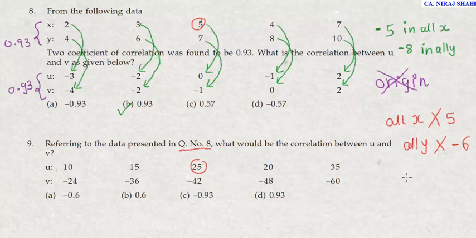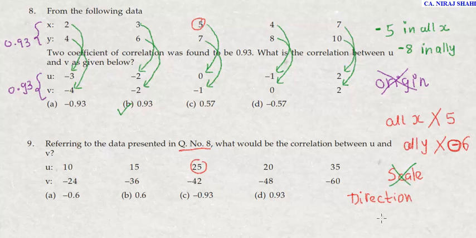What kind of change is this? This is a change in scale. We also know that the correlation is not dependent on change in scale, but the most important thing which we should keep in mind here is this minus sign. We have no problem if y has been multiplied by 6, but this minus will create a bit of a problem. This will reverse the direction of the change, and we know the correlation measures two things: one is direction and one is magnitude.